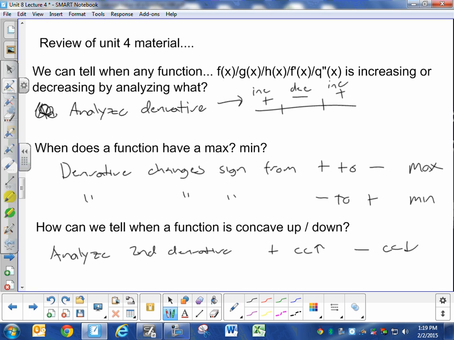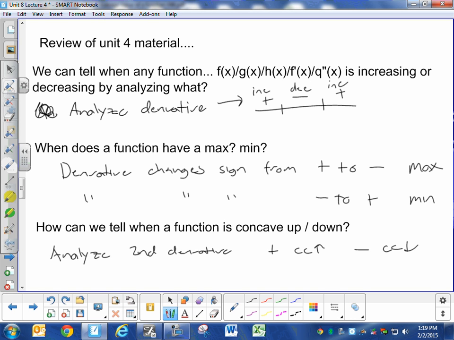Now, I'm going to ask you, when is the graph of f prime concave up? Would you look at the signs of f double prime? You'd have to look at f triple prime, right? Because you'd analyze the signs of the second derivative of f prime. That's when it starts to get a little bit confusing, but that's why I'm not using f or one specific function. I'm using any function.